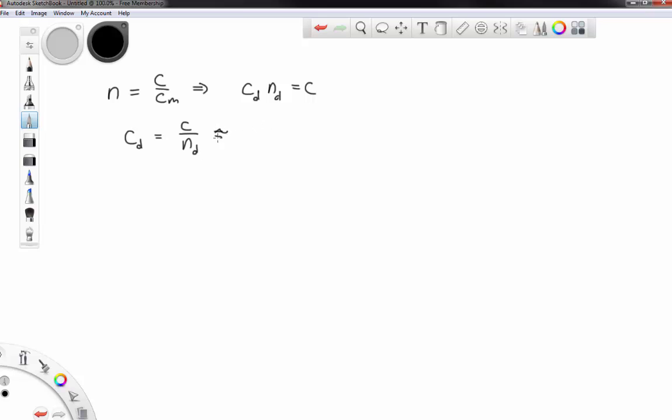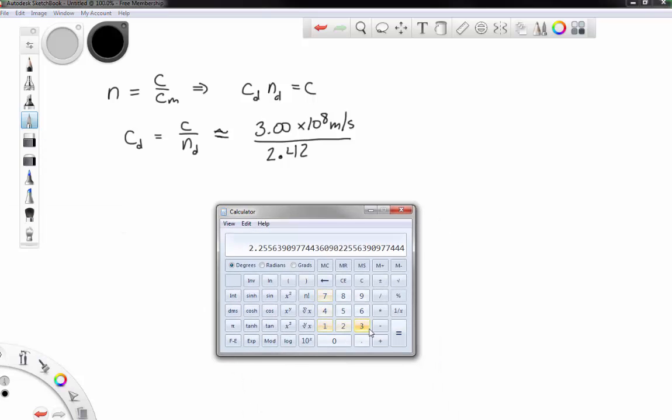So this is approximately 3.00 times 10 to the 8th meters per second for the speed of light in vacuum divided by the refractive index of diamond, which again was 2.42. So let's plug those into our calculator.